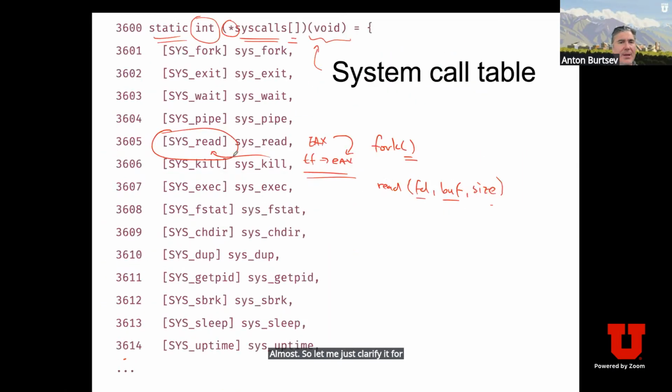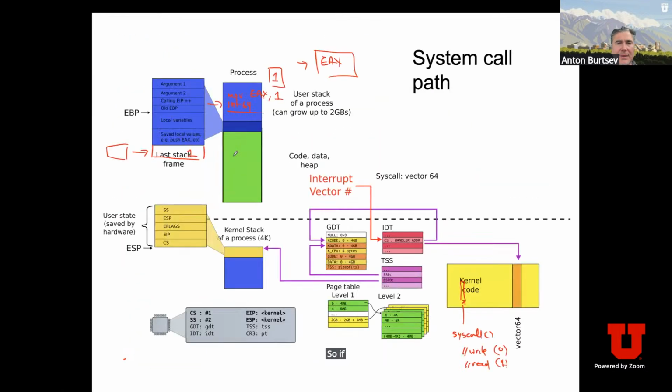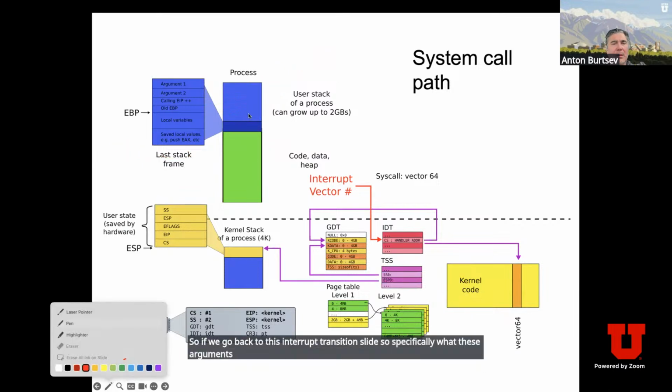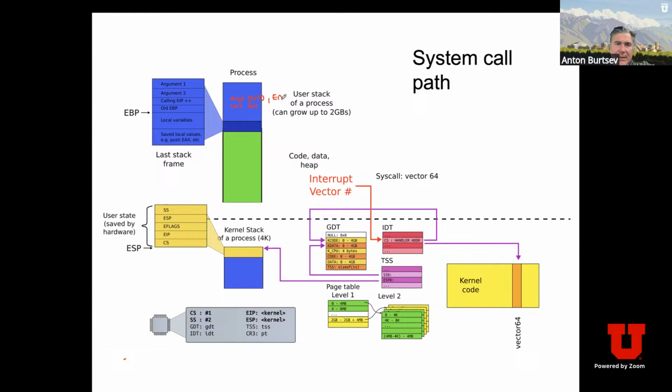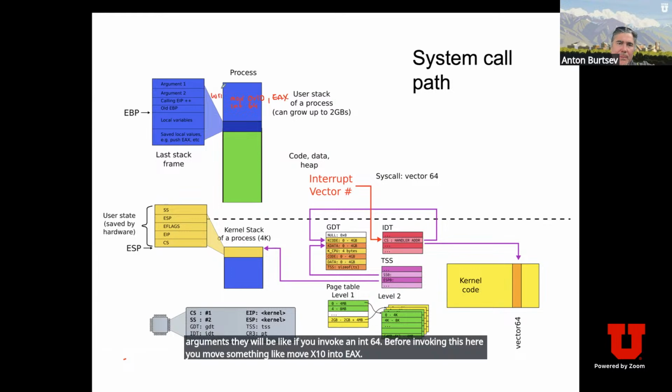But yeah, you're right. If we go back to this interrupt transition slide, before invoking int 64, you move something like 0x10 into EAX, and this is the write label, right?